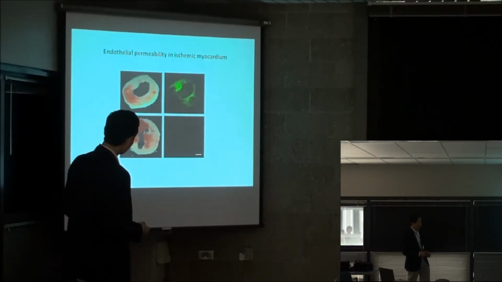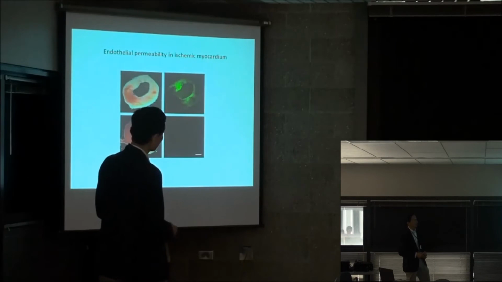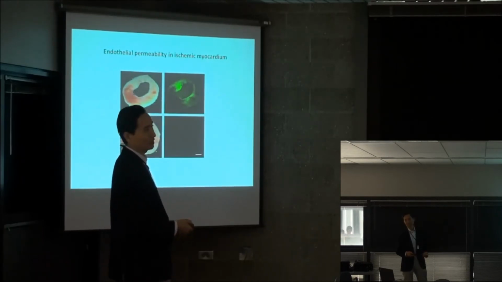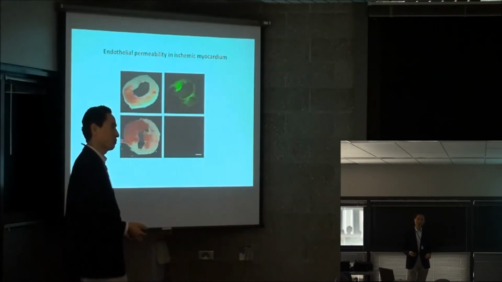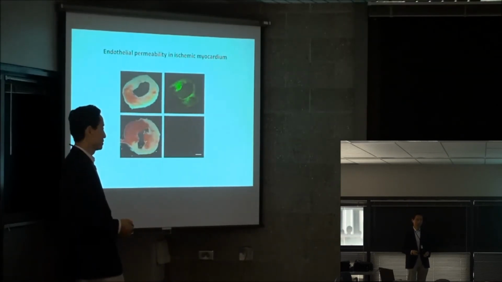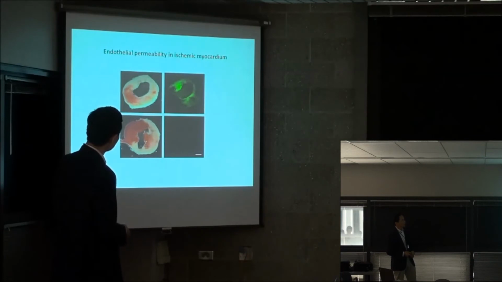To test that, we used a fluorescein-conjugated FGF21 molecule. We took the protein, mixed it with fluorescein, used a chemical assay to link the fluorescein fluorophore to the protein, and injected the fluorescein-labeled protein into the circulation.